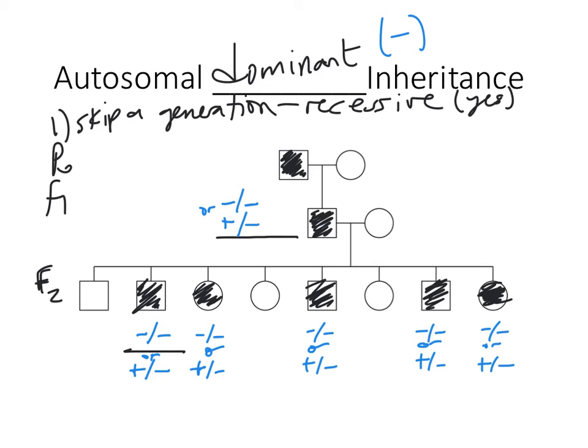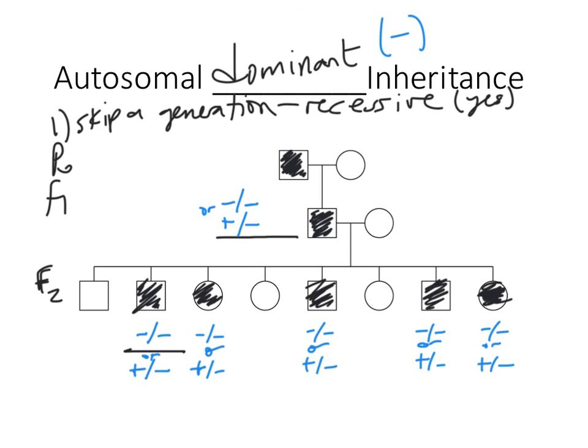However, now you should be able to tell me what the F1 dad's genotype is based on what his kids look like. Homozygous? Coincidence? So if this F1 dad was homozygous, what would have to be true of all of his kids?